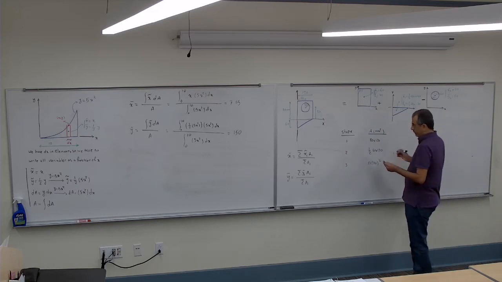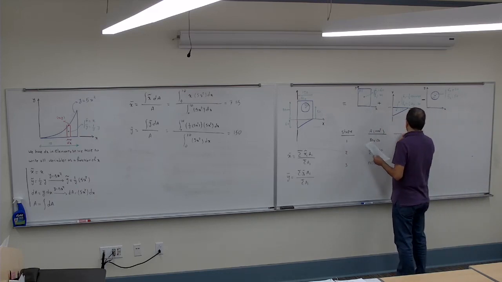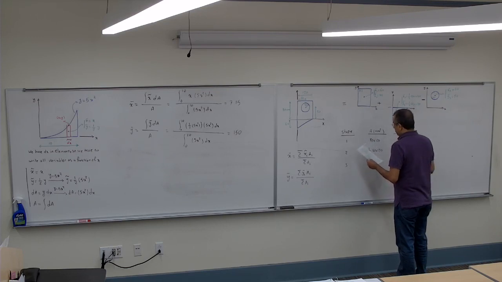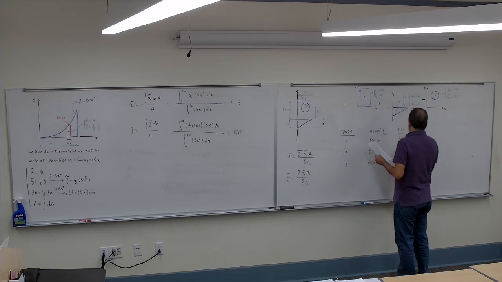Then I want x tilde. For the first one it's going to be 60, 40, and 60.